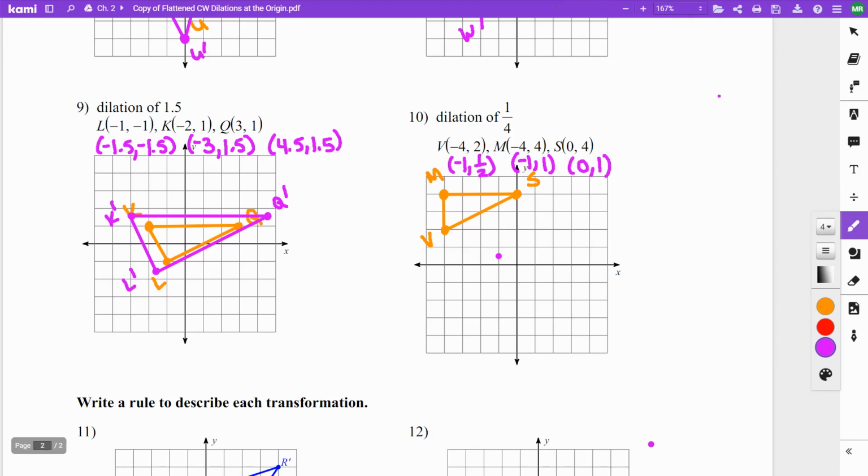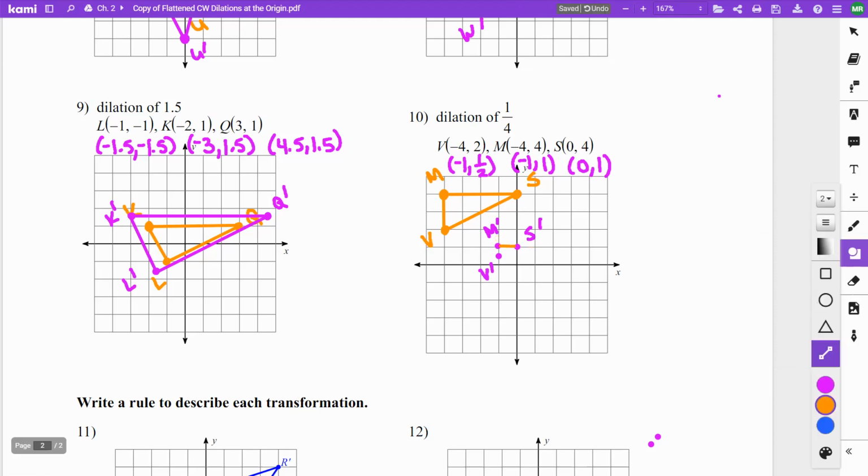I'm going to go to negative 1, 1. And I'm going to go to 0, 1. And this is V prime, M prime, S prime. And I'm going to connect this, and that's 1/4 of the original.